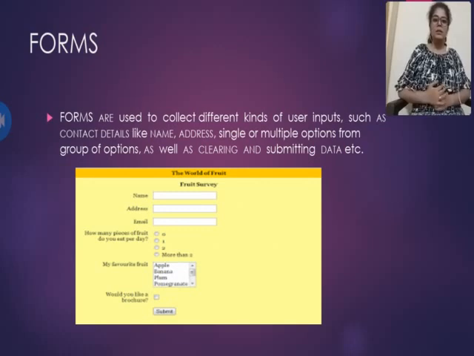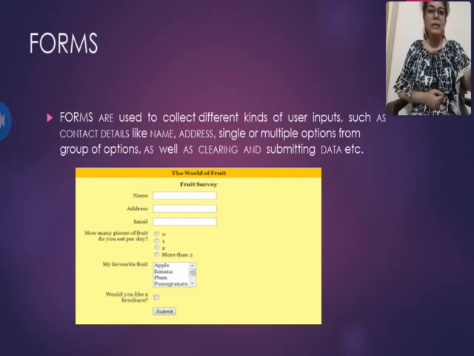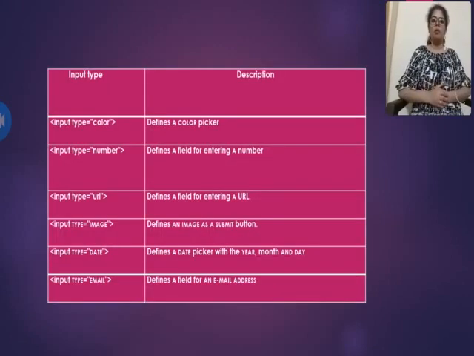Now there are some more tags that we can use in forms to make the form more attractive. For example, I have taken some examples. The first is input type equals color. If you want to provide a specific color, you can use this input type.